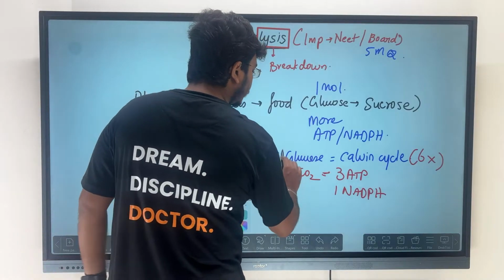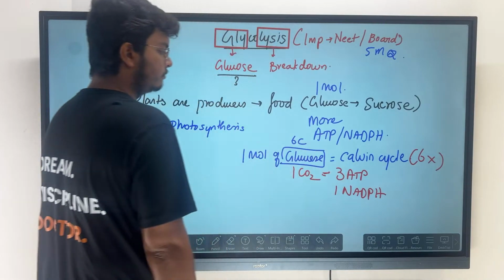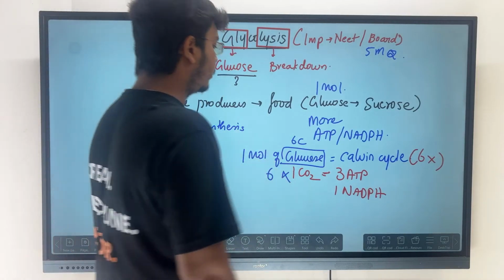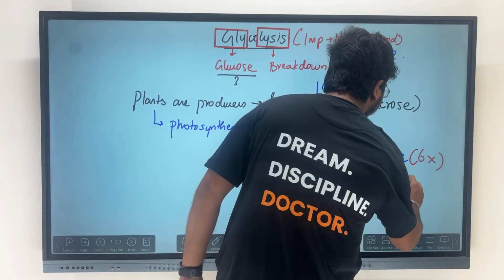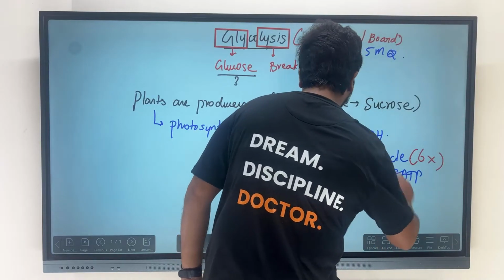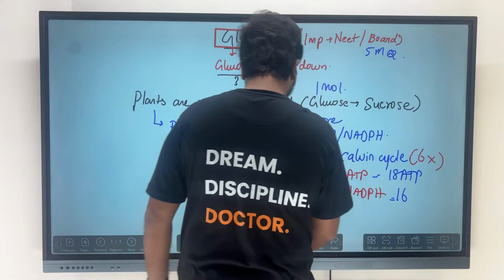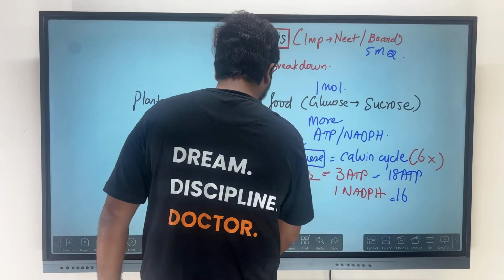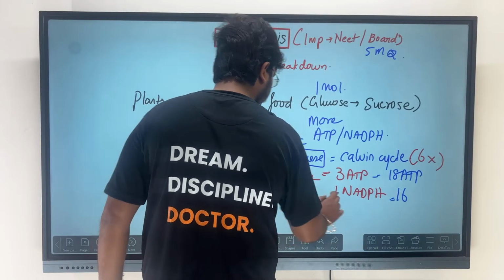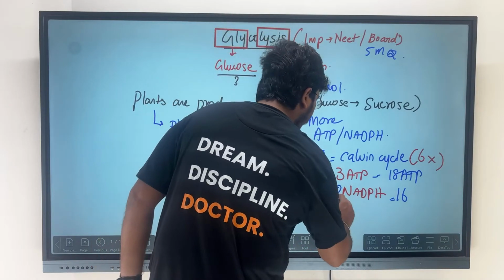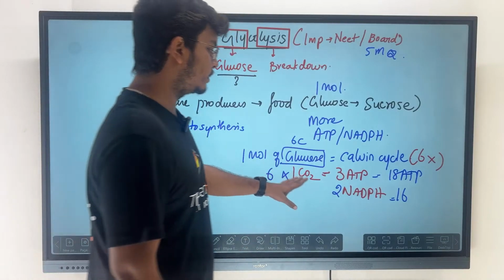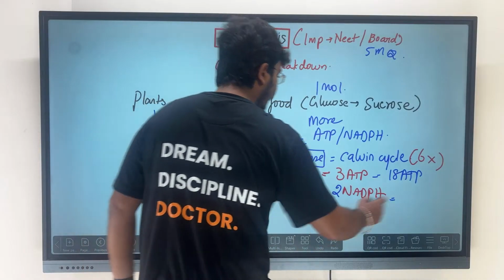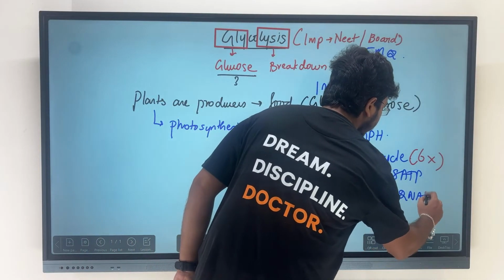We know that glucose is a 6 carbon molecule, right? So if we multiply this by 6, nearly 18 ATP is spent and, I'm sorry, they spend 2 NADPH for one carbon dioxide, and for 6 times it will be 12 NADPH spent.